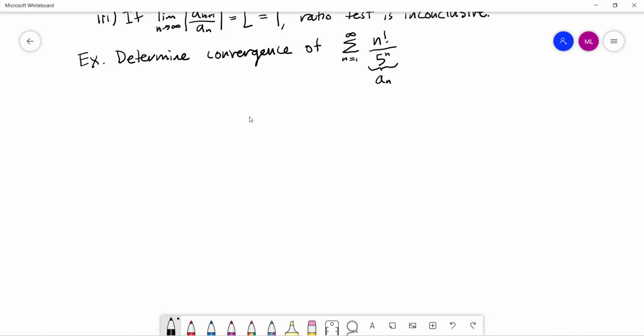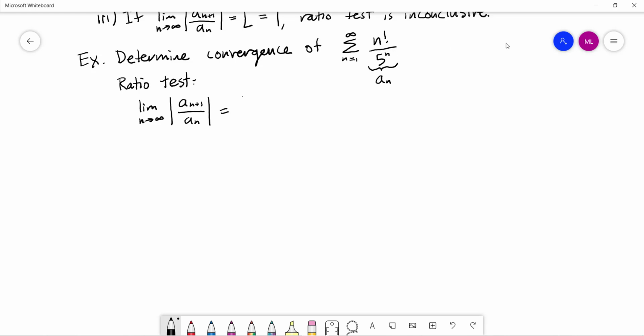So what I want to do is look at the limit. For our ratio test, what I need to look at is the limit as n goes to infinity of the absolute value of a sub n plus 1 over a sub n. And so for us, what is a sub n plus 1? Well, I just need to replace the n that shows up in here with an n plus 1.